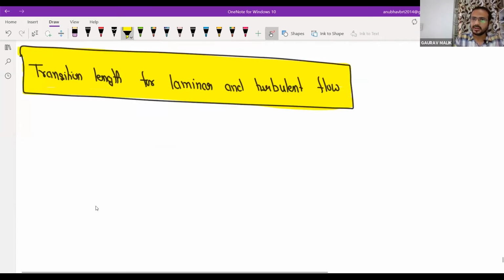Transition length for laminar and turbulent flow. First thing is: what is transition length? The minimum length that is required to achieve fully developed flow is known as transition length. Write down the first point.